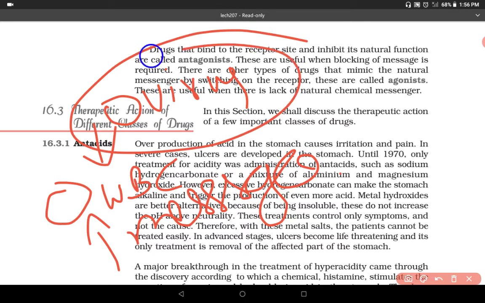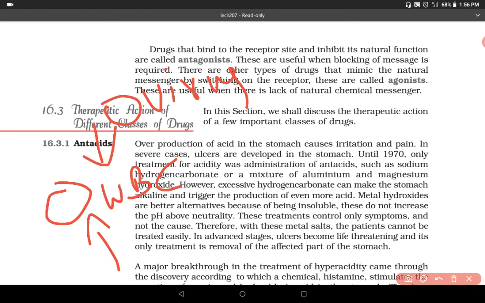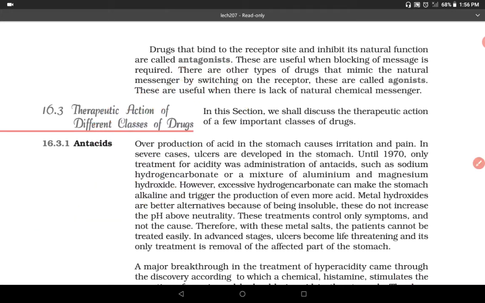Here the antagonist helps: the message is interrupted, the message stops. The antagonist stops the message telling that this is our friend, when in fact it is our enemy. This enmity is given to the WBC by passing antagonist drugs. So it is very useful in our body. These are useful when blocking of messages is required.